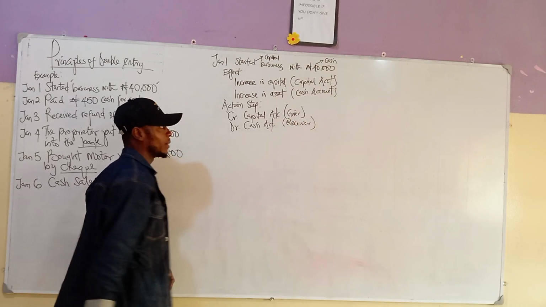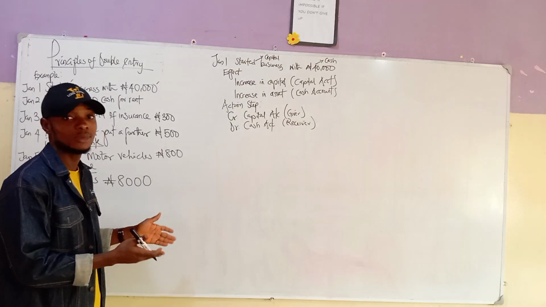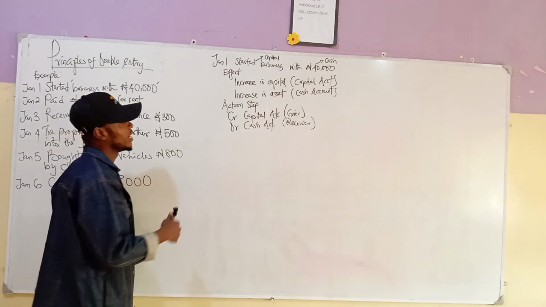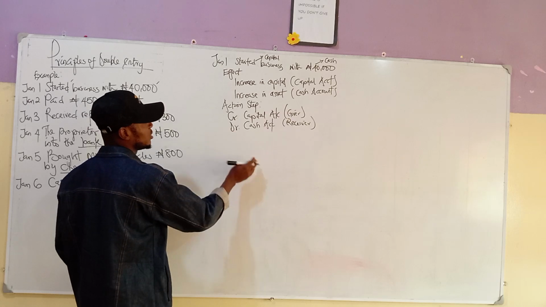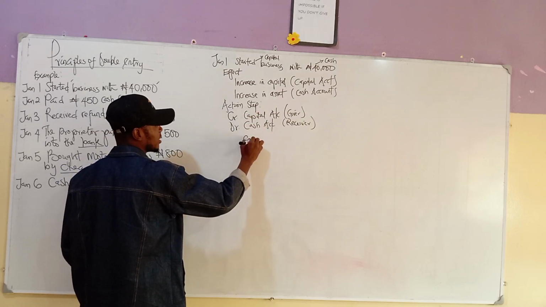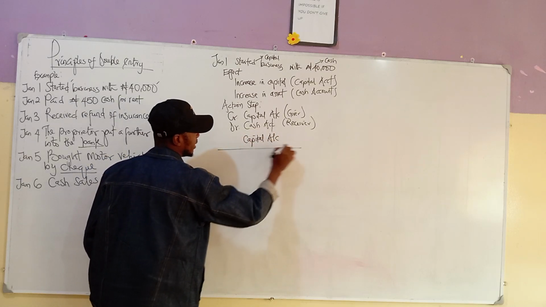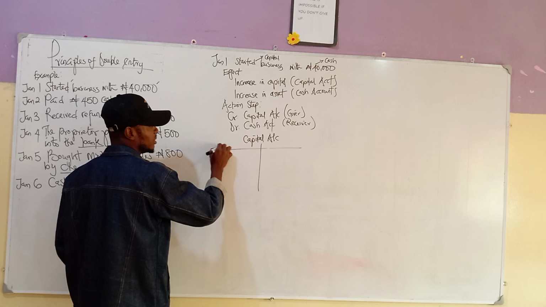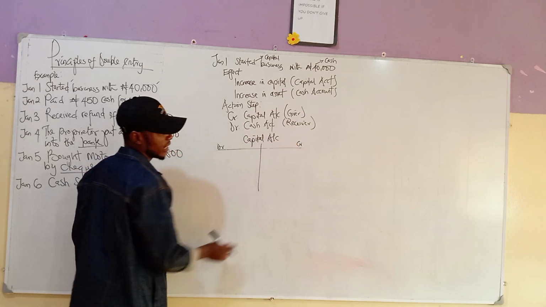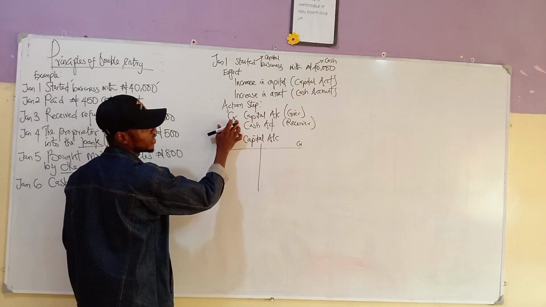Now, how do we apply this in terms of posting into the double entry or the ledger account? See what I'm going to do. The first one, this is my capital account. I have the capital account, rule my line. This is my debit side, this is our credit side. Under the capital account, we credit it.